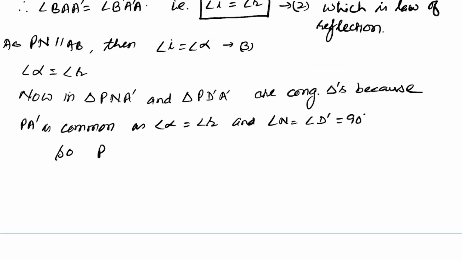So PD dash is equal to NA dash. This is equation number 4.